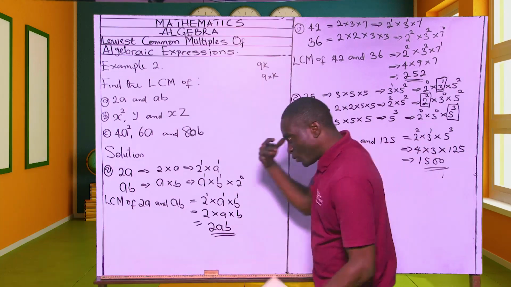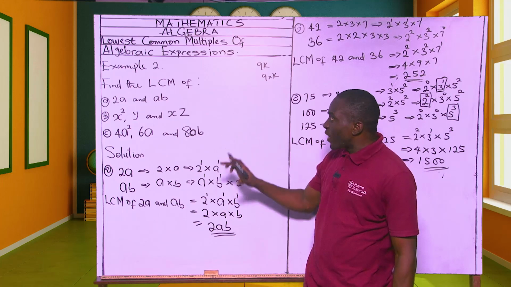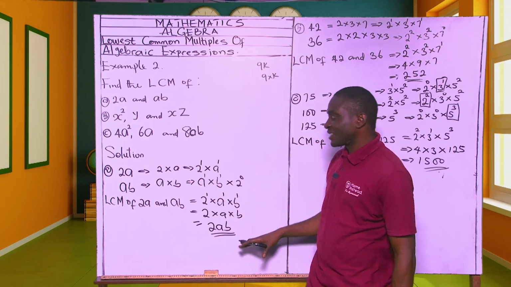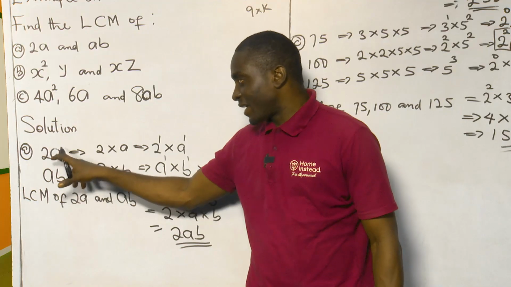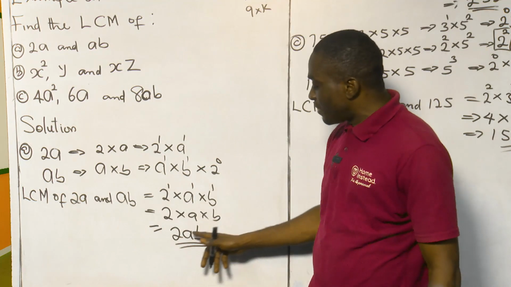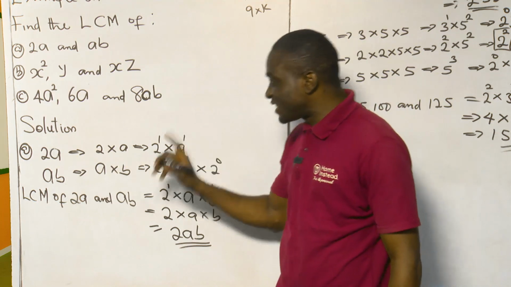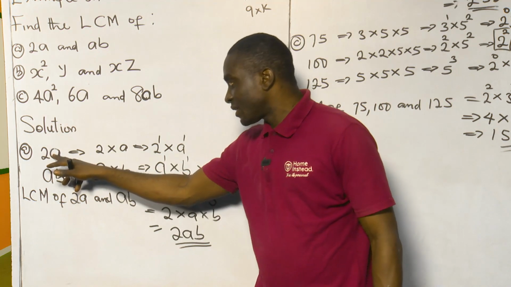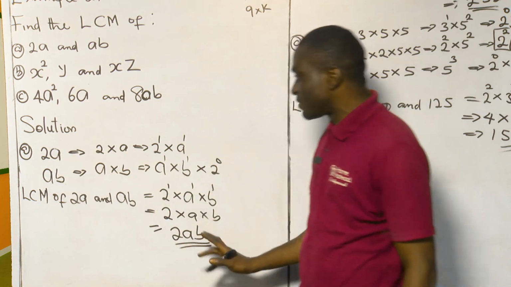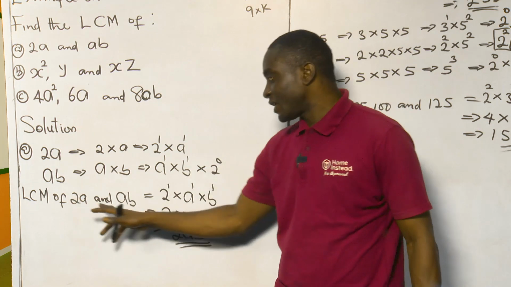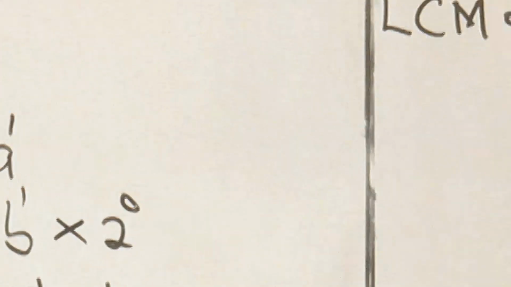So 2AB is the lowest algebraic expression that is divisible by each of these algebraic expressions, by 2A and by AB. That is the meaning of the LCM of 2A and AB being equal to 2AB.